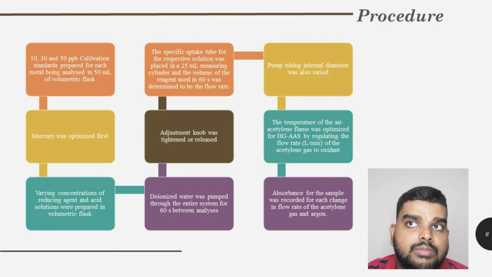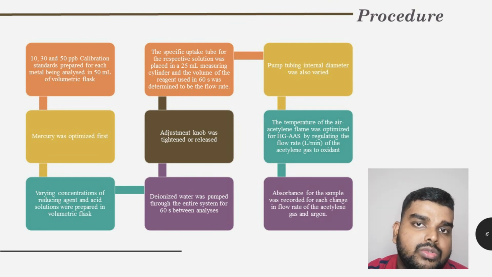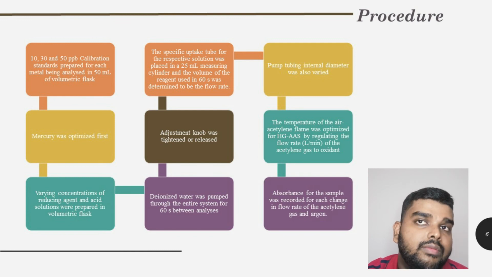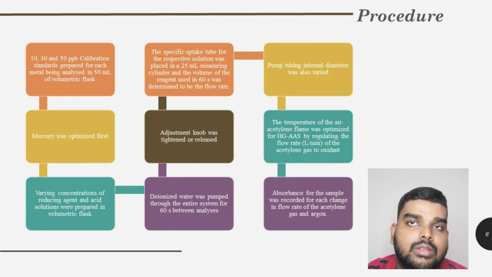Next, the adjustment knob was tightened or released to modify the flow rate. To determine the flow rate of each solution, the uptake tube was placed in the respective solution, which is the reducing agent, acid, or sample, in a 25 ml measuring cylinder, and the volume of reagent used in 60 seconds was determined to be the flow rate.